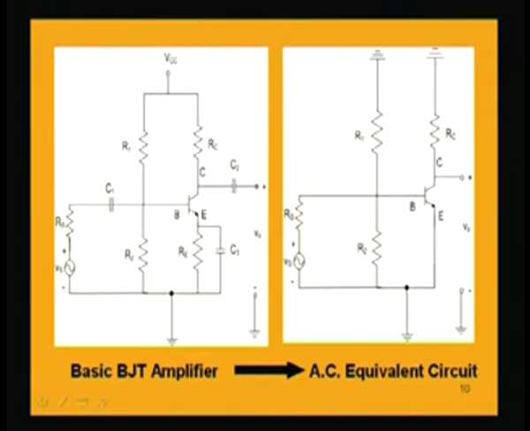Now, after this, we have to see the capacitances which offer short circuit paths under AC. That is because we have chosen C1, C2, C3 to be large enough, and that has to be kept in mind.